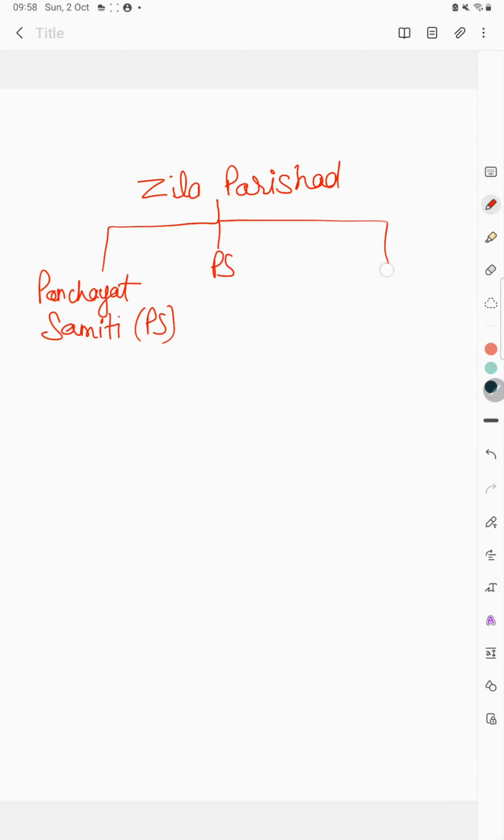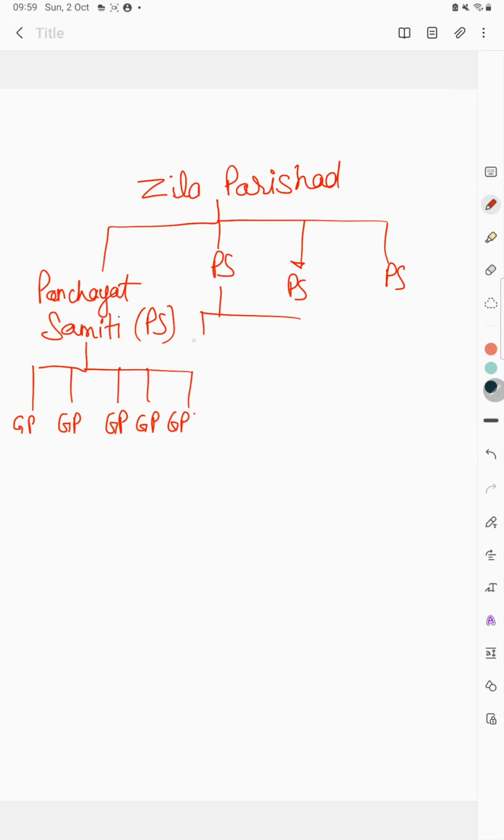There could be other Panchayat Samitis also. And under each Panchayat Samiti we have a cluster of Gram Panchayats. So at the ground level we have Gram Panchayat.